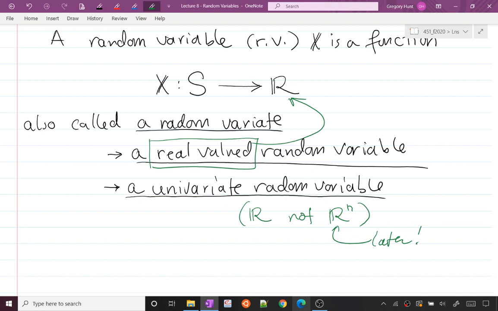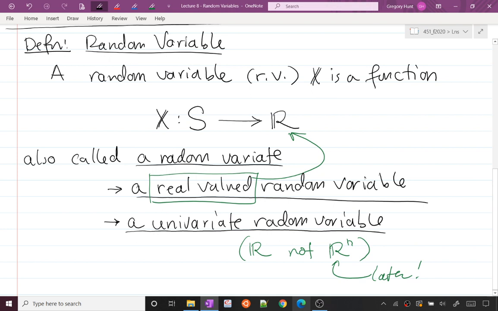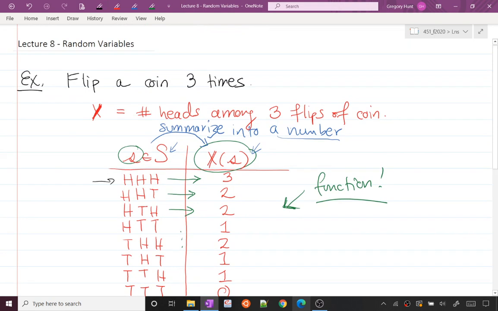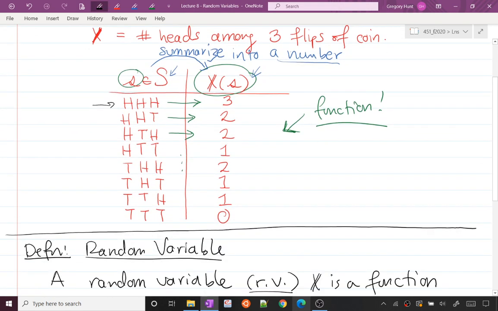So it's often called a univariate random variable, a real valued random variable, or a random variate, and we're typically just going to call them RVs. But a random variable is just a function. It's a function that summarizes our outcomes in S and outputs a summarizing number. In my example, the summary just counts the number of heads.